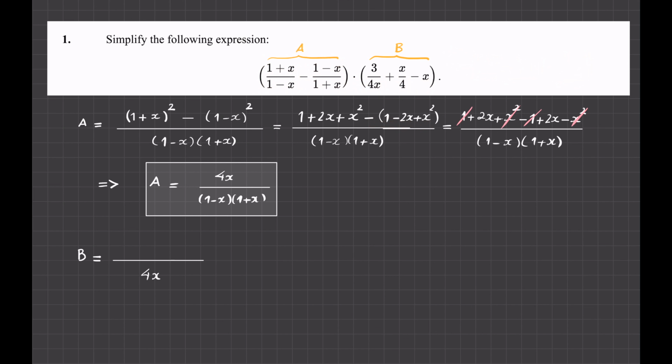I will do the same thing, meaning that I compare this LCD with the denominator of the first fraction. No changes have been made, so I copy its own numerator. After that I have a plus sign, so I put my plus sign, and I do the comparison once more. I compare 4x with 4. 4x has an extra x factor. This should be multiplied by the numerator of the same fraction, which again is x, so x times x becomes x squared.